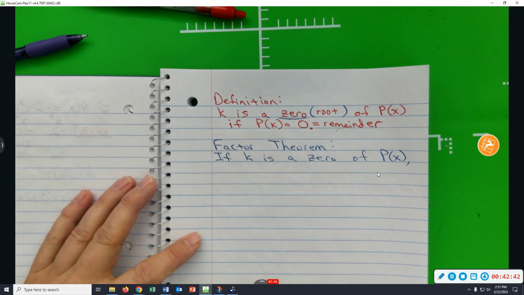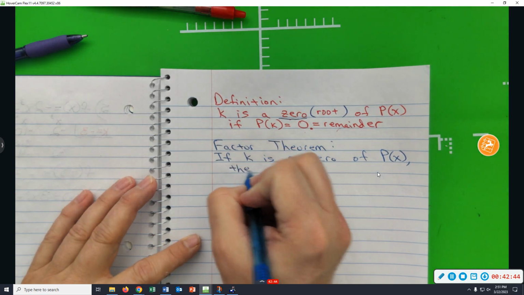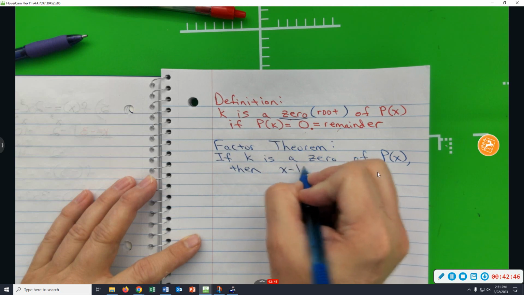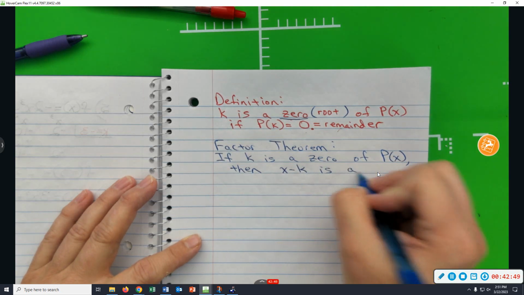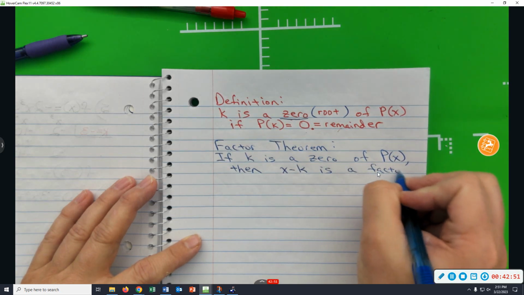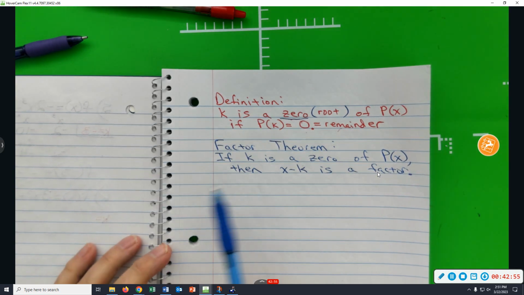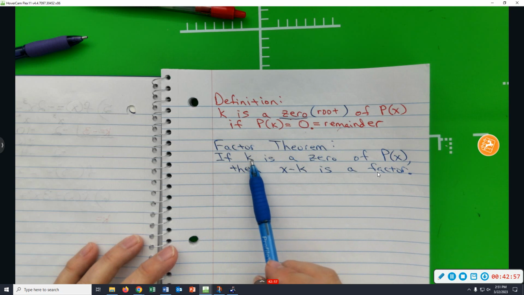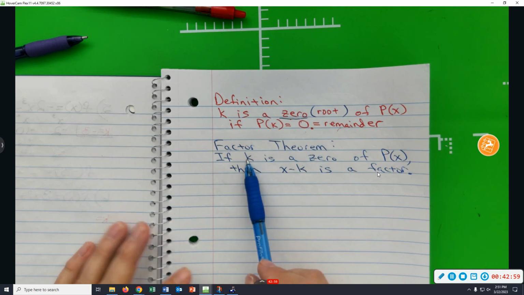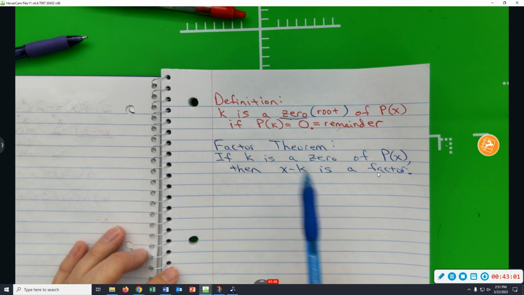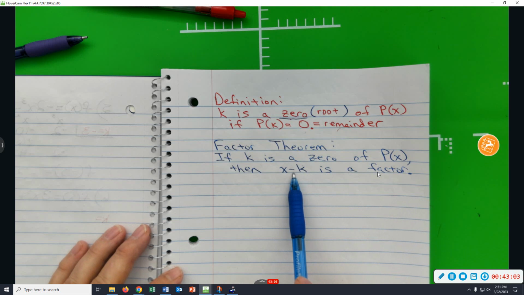If k is a 0, then x minus k is a factor. If k is a number you can plug in and make the function equal 0, then x minus k is a factor.